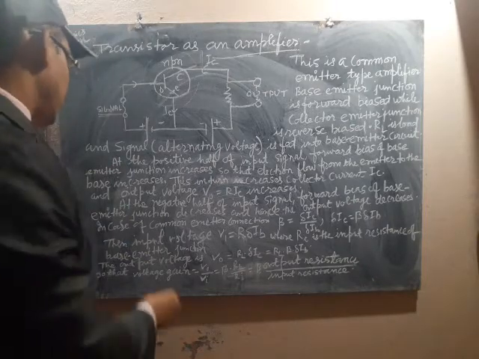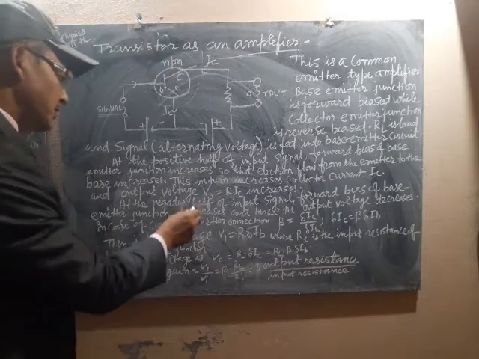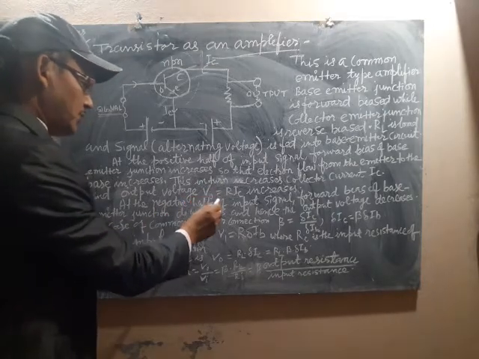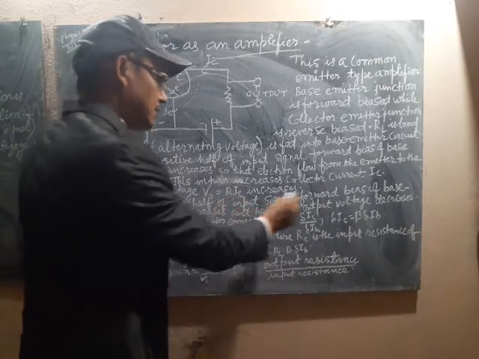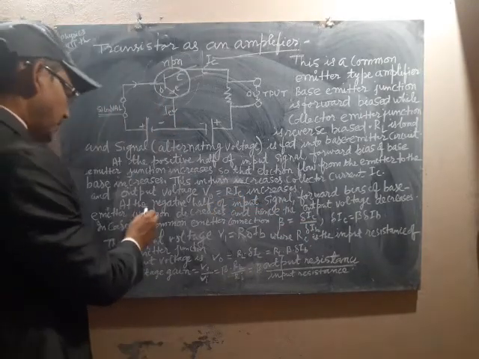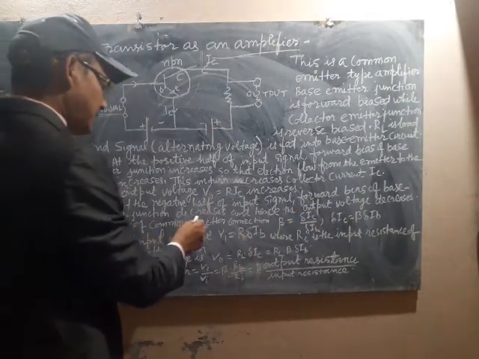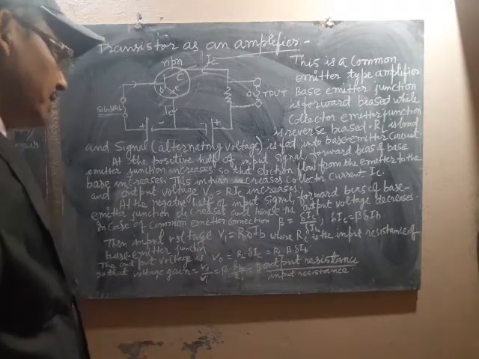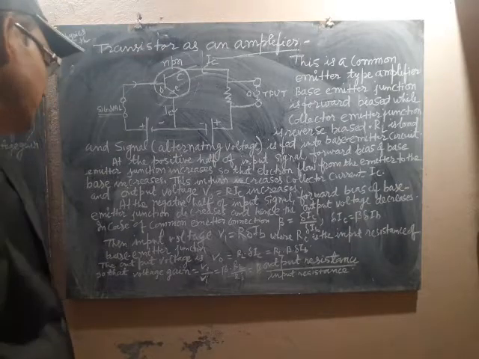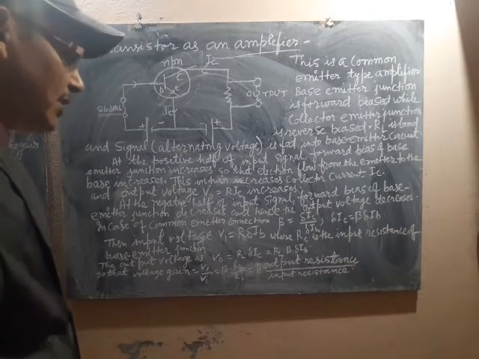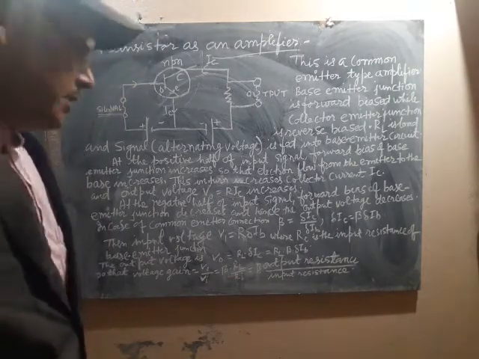This in turn increases the collector current IC, and the output voltage VO, which is RL times IC, increases. At the negative half of the input signal, the forward bias of the base emitter junction decreases, and hence the output voltage decreases.